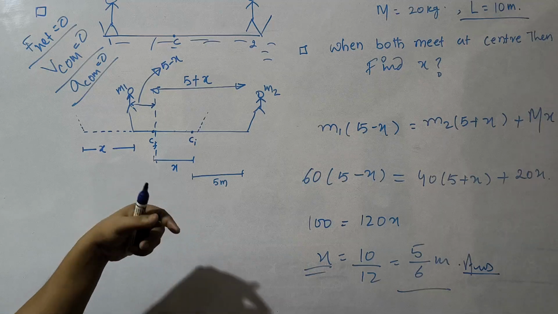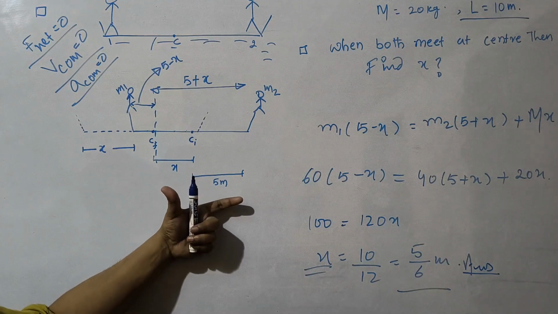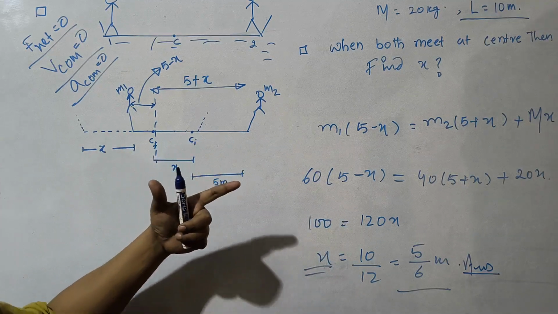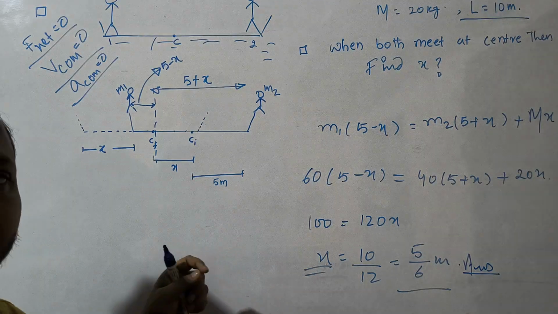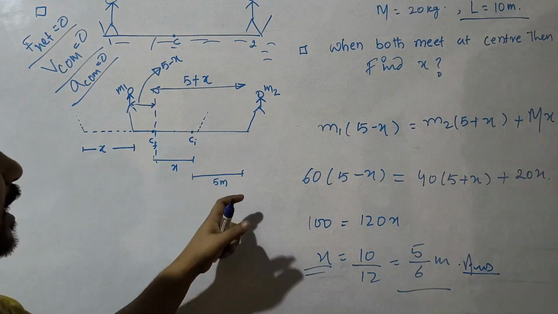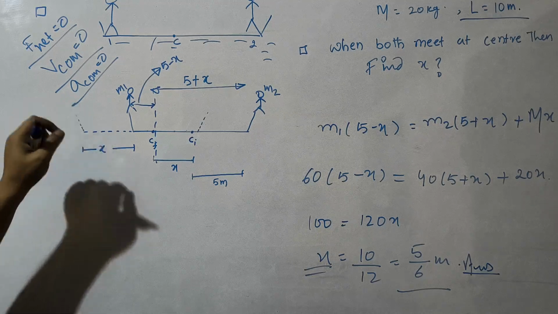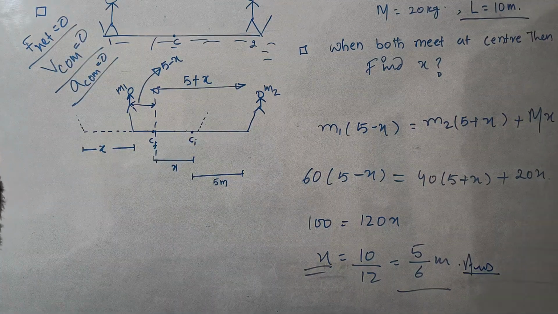We will see some examples in which the net force is 0 only in some particular direction. If the net force is 0 in a given direction, only in that direction we can say acceleration of center of mass is 0, and in that direction we can apply the further process. So we will see some examples also.